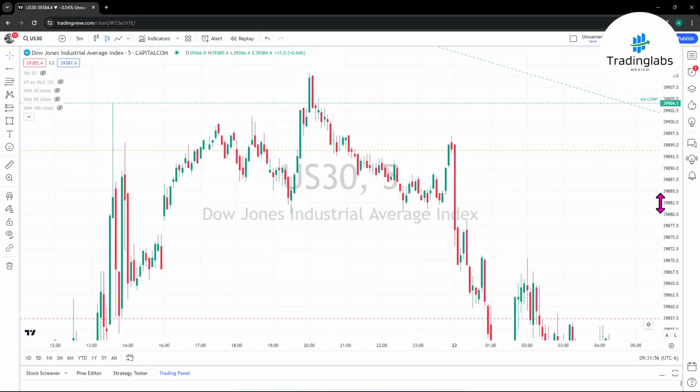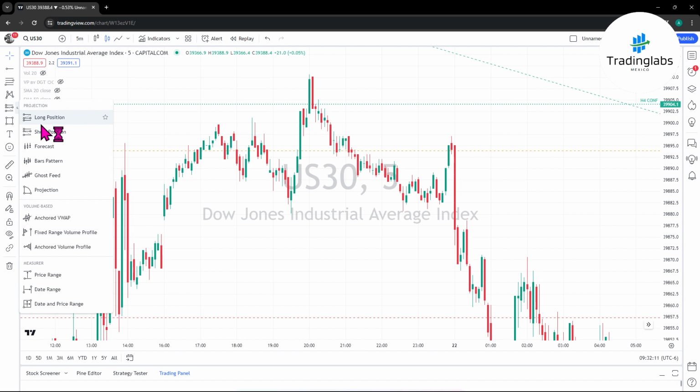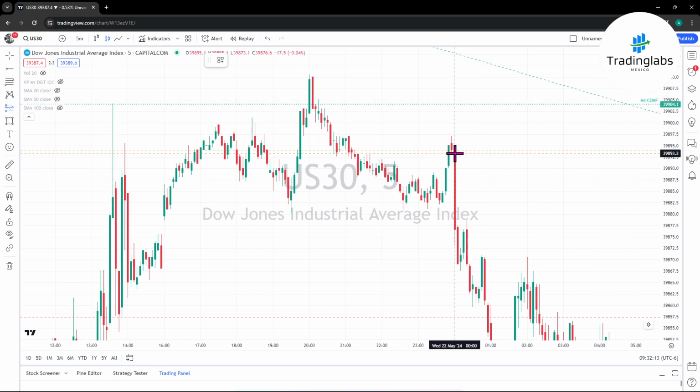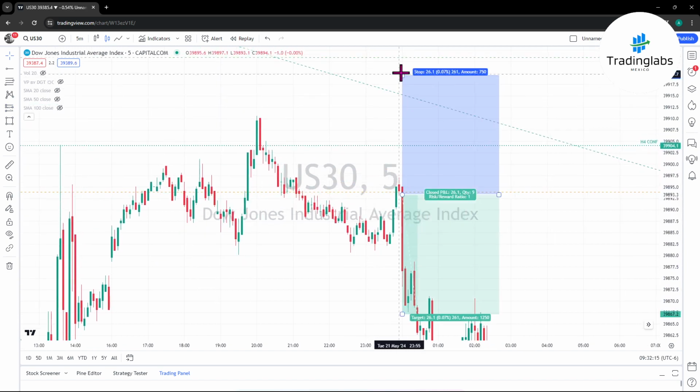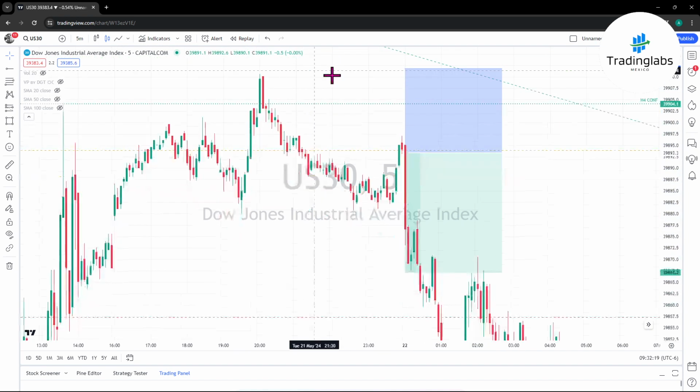Or you just wait for the market to make a retest on the 3.8682 resistance. Boom, you can make another short here. When you are there, your stop loss is above this, 18 pips. That is nothing.